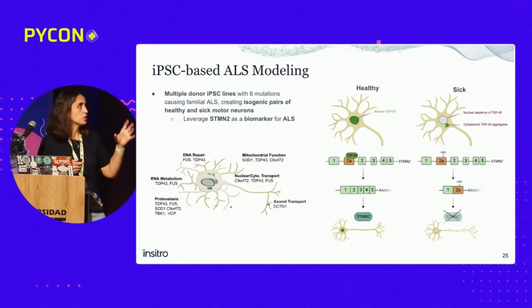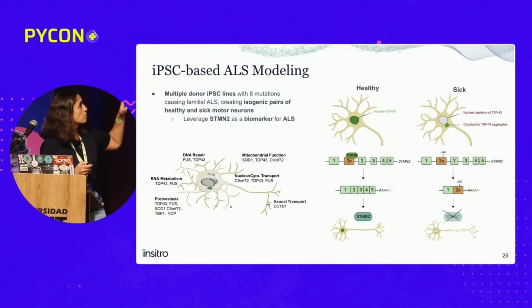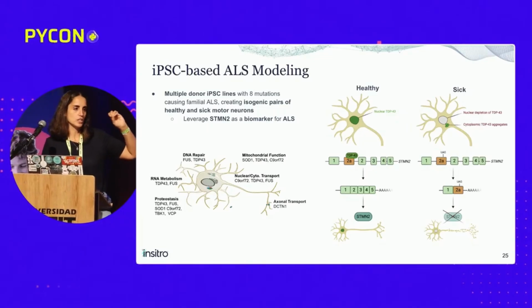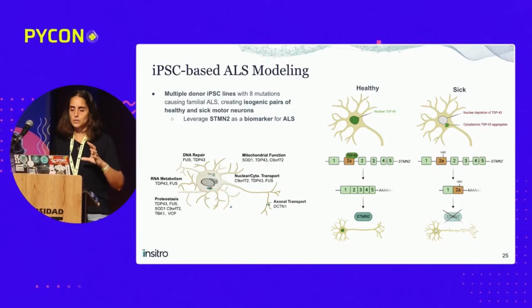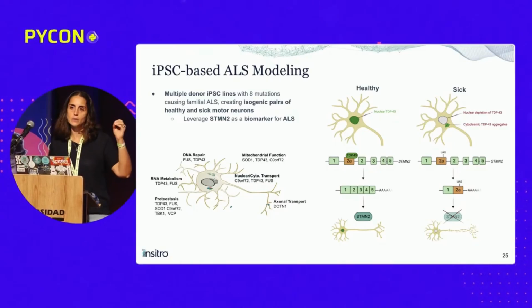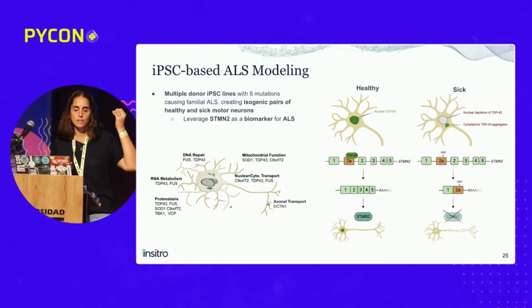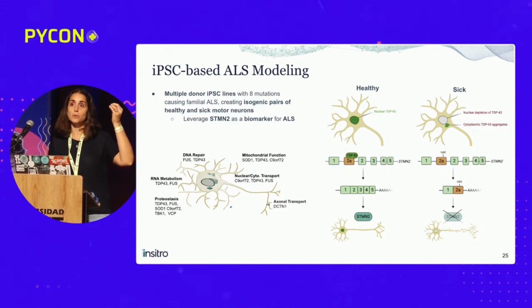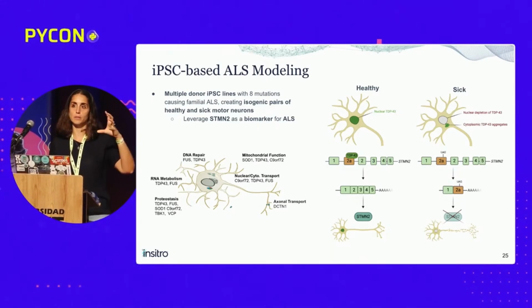And then we leverage STMN2. Try to memorize just this one gene, STMN2, which is used as a biomarker because there's a protein which is a hallmark of ALS. It's called TDP43. When there is disease, that protein moves from the nucleus to the cytoplasm.